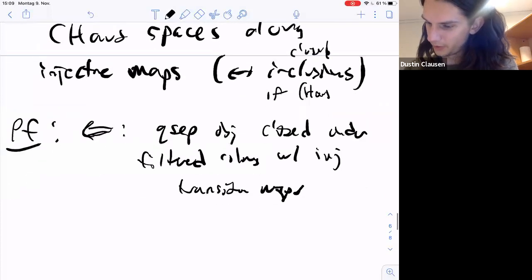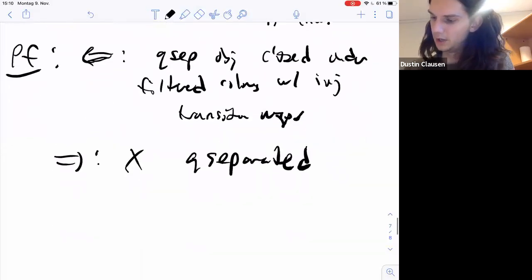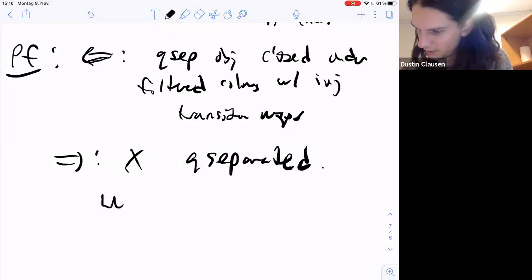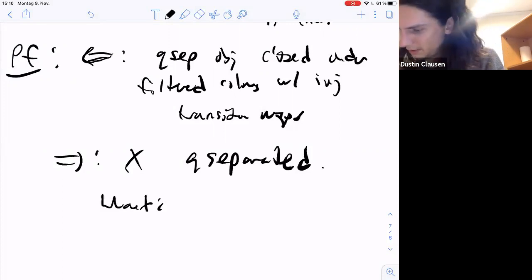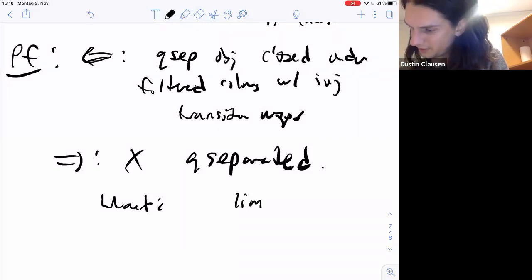Okay, and for the forward direction, let's say X is quasi-separated. What we want to show is that there's a certain sub-object you can write down, which is the filtered colimit.